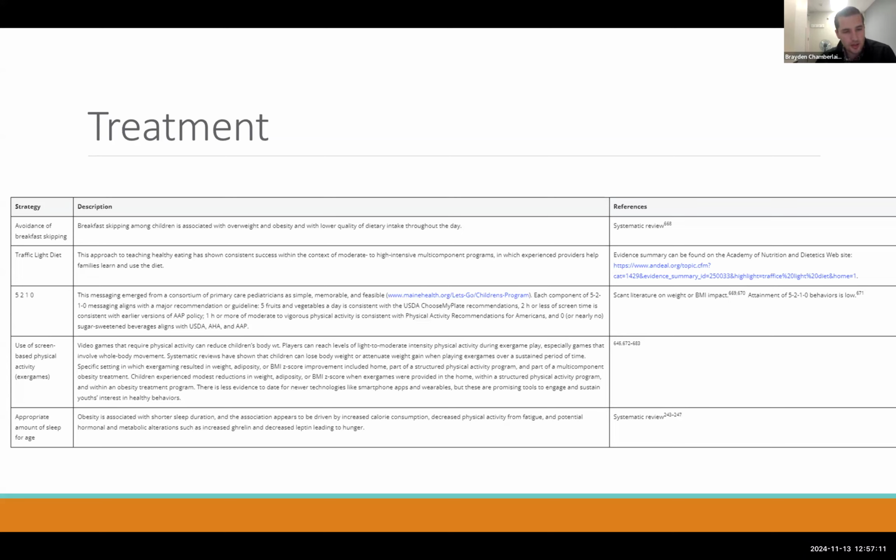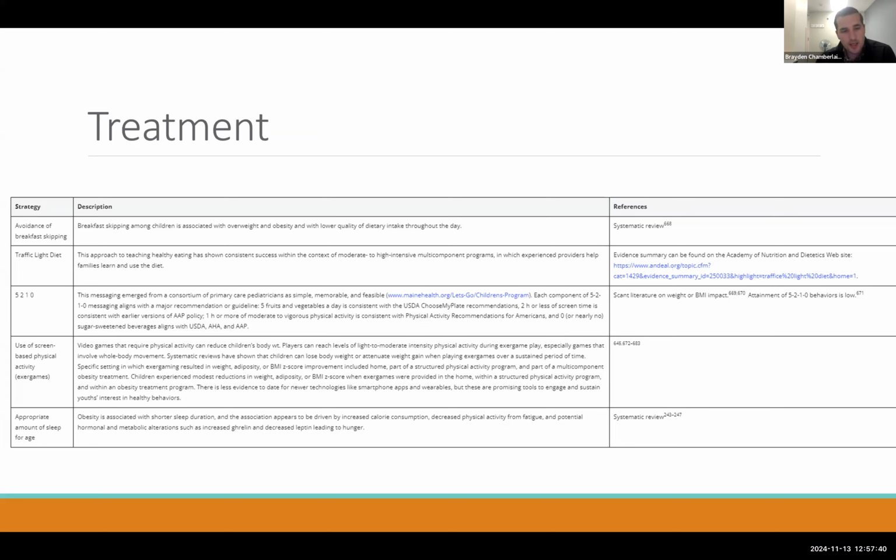And then lastly here, this was a point that was touched on in the 95210 model, but obesity is associated with shorter sleep duration. They think that might be due to increased calorie consumption and decreased physical activity, changes in hormones such as increased ghrelin and decreased leptin, leading to more hunger.